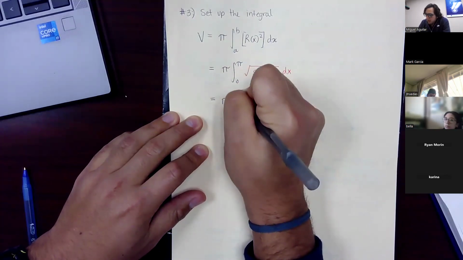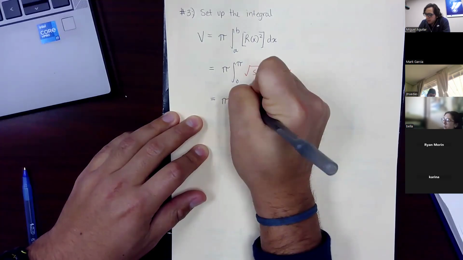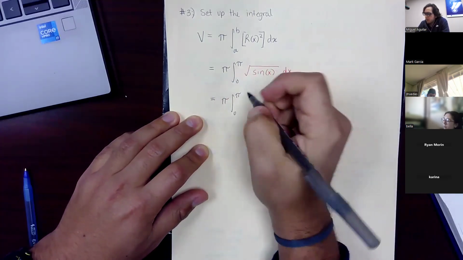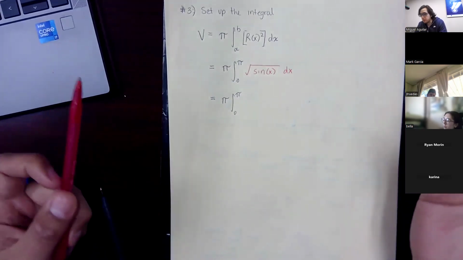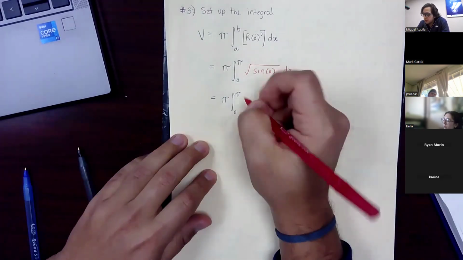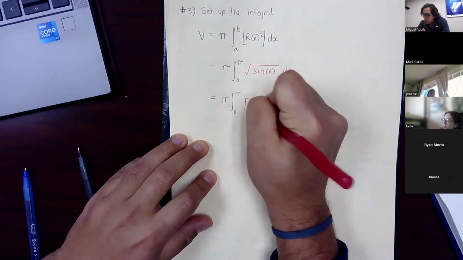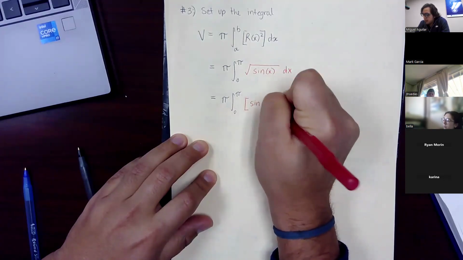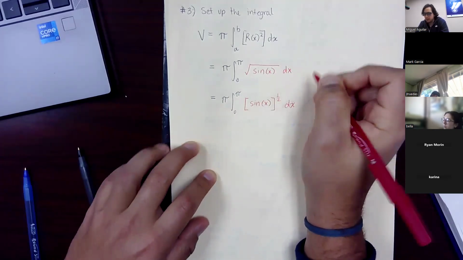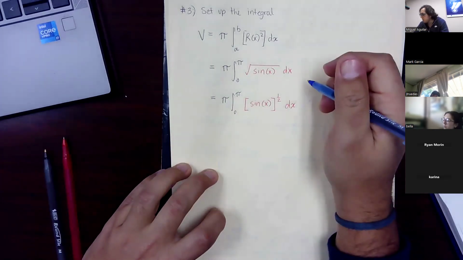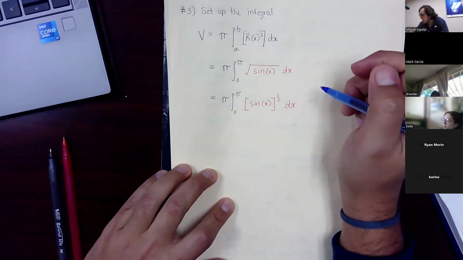That's going to be pi going from 0 to pi. So pi times the integral of, and then we really hate using roots whenever we're taking integrals, right? We always want to convert those to powers. So this will be a lot better looking if we do sine of x to the 1/2 power dx. And then we can do a simple substitution there, right?